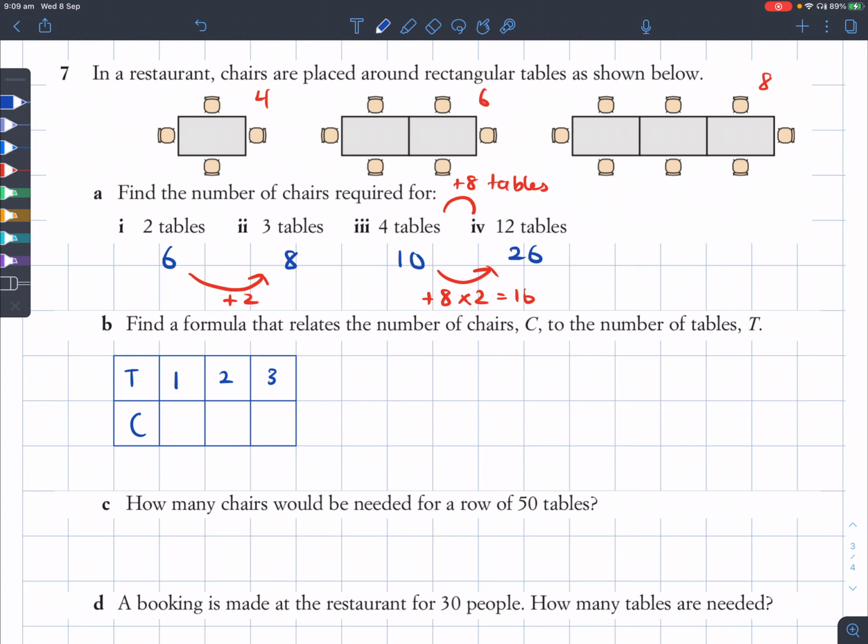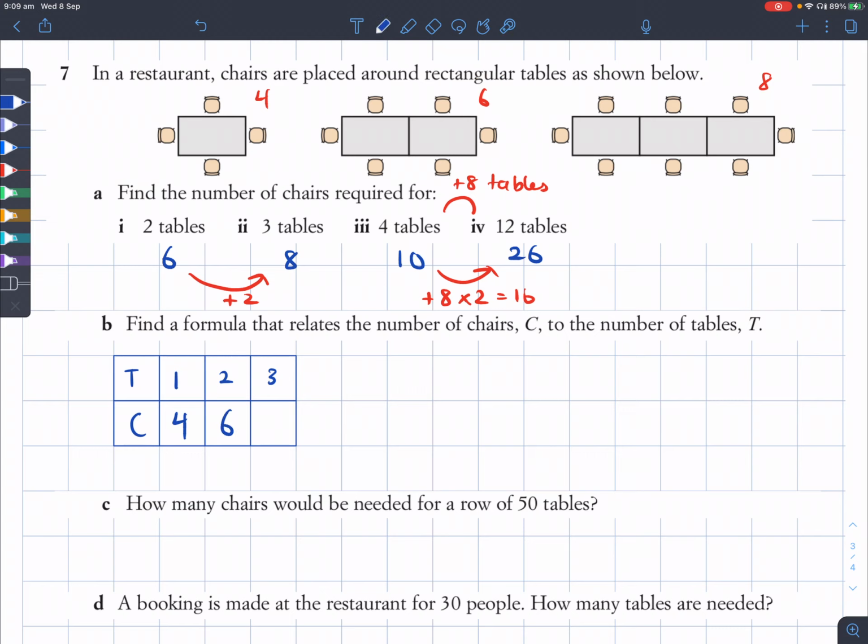Okay, question B. Find a formula that relates the number of chairs C to the number of tables T. So we can put the values of those chairs on the second row for C, whereas the number of tables is above right here. So for 1 table, we know that there are 4 chairs. For 2 tables, there are 6 chairs.